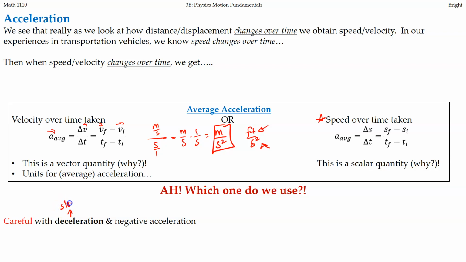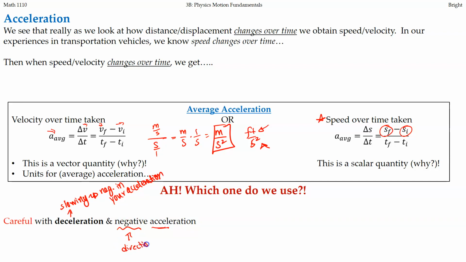This would be an instance where maybe you're initially going 50 miles per hour, and then you slow to 30. So you can have a negative in your acceleration. The other thing to keep in mind is that you can have negative acceleration, but it truly is accelerating. This is where you have to keep direction in mind.